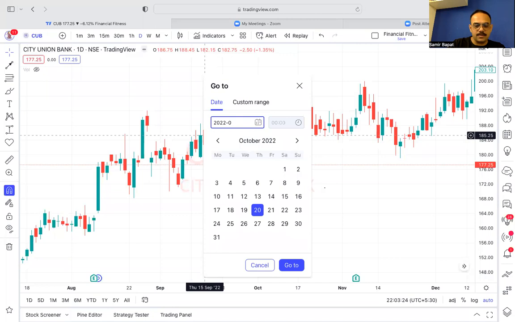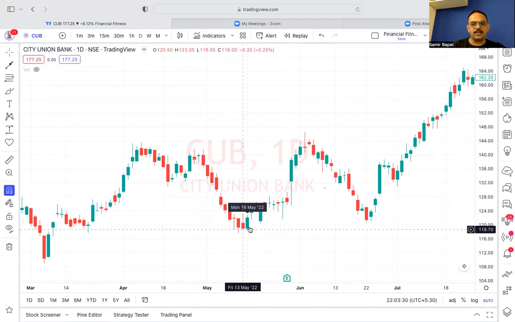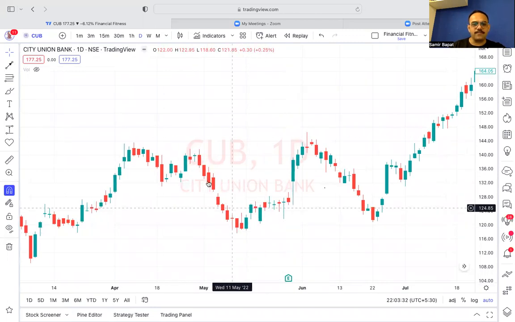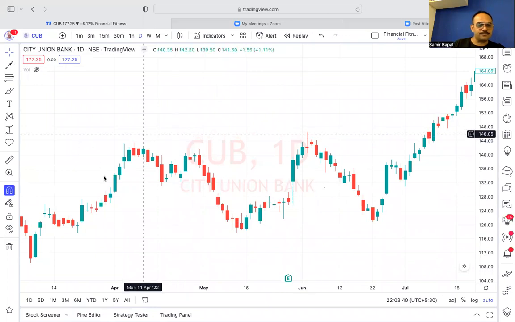March, April, May, 16th. Okay. This is a good bullish engulfing. So there is a downtrend, and then this red candle is engulfed by the green candle, and it goes up.